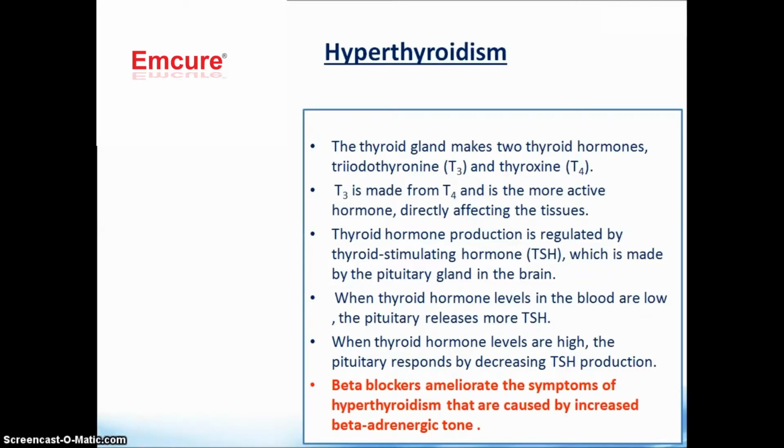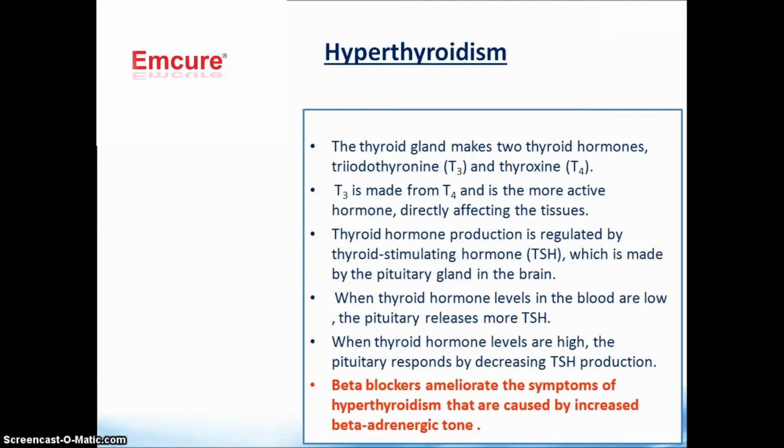So thyroid hormone production as such is regulated by the TSH, which is produced in the pituitary gland in the brain. So TSH sends signals to form T4 and T3, and T3 is made from T4, so T4 breaks down to form T3.